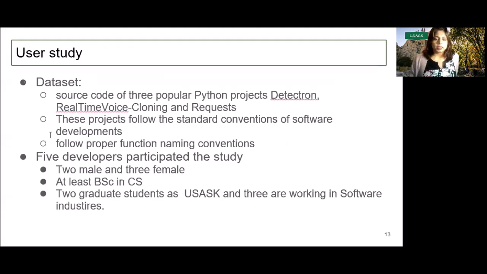These projects follow the standard conventions of software development and follow proper function naming convention, which are very important for the success of the approach. We involved 5 developers in the user study, where 2 are male and 3 are female. They have at least a BSc in computer science.